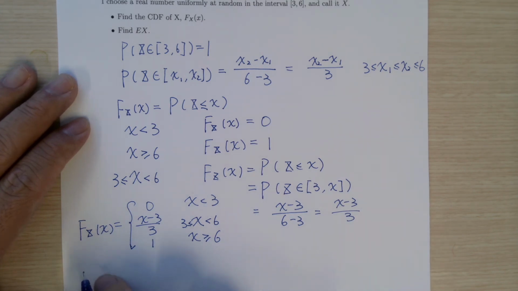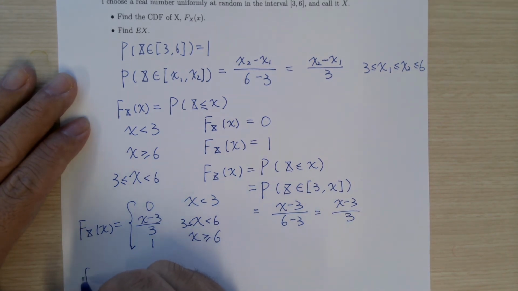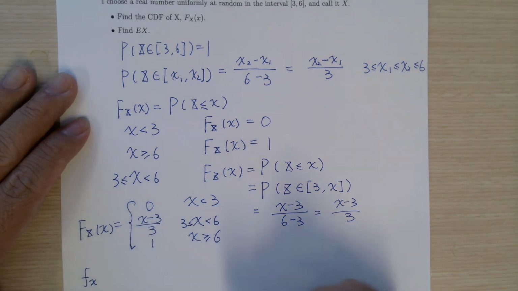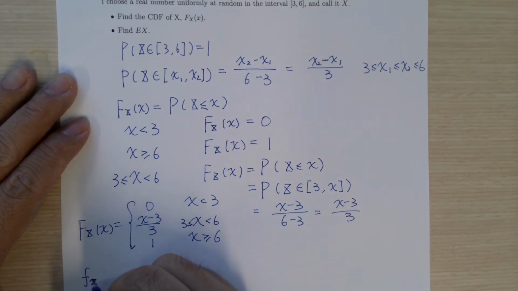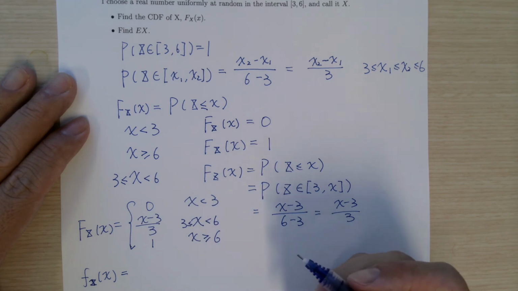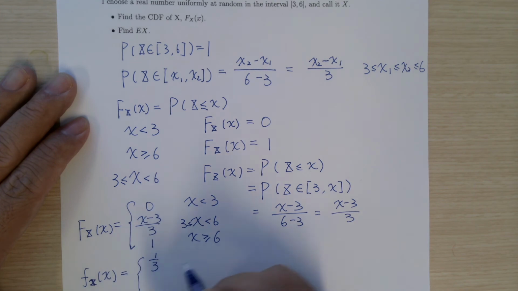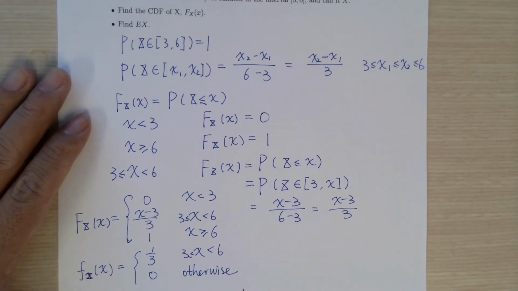Noticing that the PDF is the derivative of the CDF, easily we can figure out that the PDF is going to equal the derivative of those pieces. The derivative of the constant parts is going to be 0, and the derivative for this piece is going to be 1 over 3, when x is greater or equal than 3 and less than 6, and 0 otherwise.